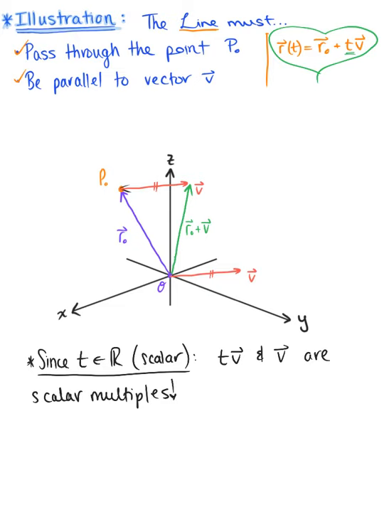So, what if we had a positive t value, a positive scalar multiple? That means the line is going to extend infinitely in the positive direction. What if we now let that scalar multiple, t, be negative? This is going to extend infinitely in the negative direction. Hey, we have a line. So this is the line vector r of t equal to that position vector r naught plus all possible scalar multiples of the parallel vector v.